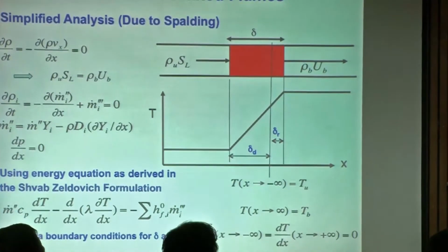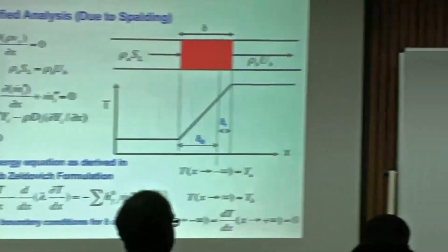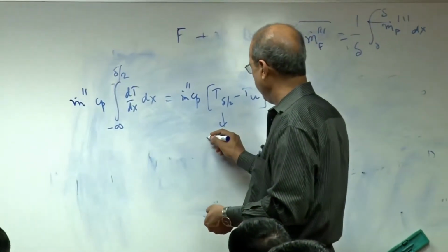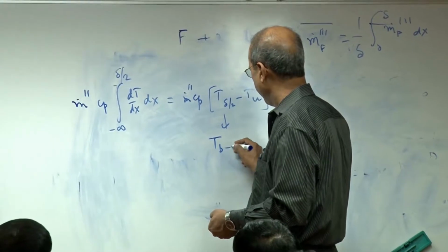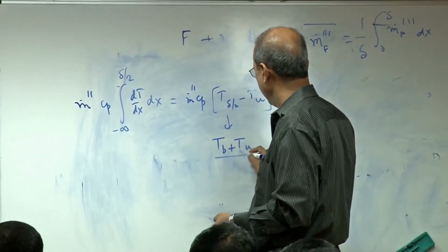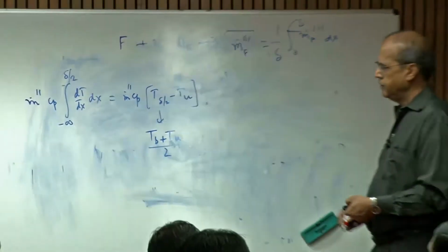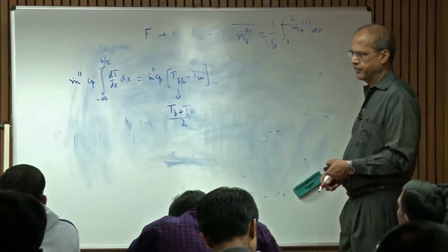The objective was to get an analytical solution, theoretical values. So if it is a linear variation, then this is equal to (Tb minus Tu) plus Tu divided by 2, if the temperature varies linearly.